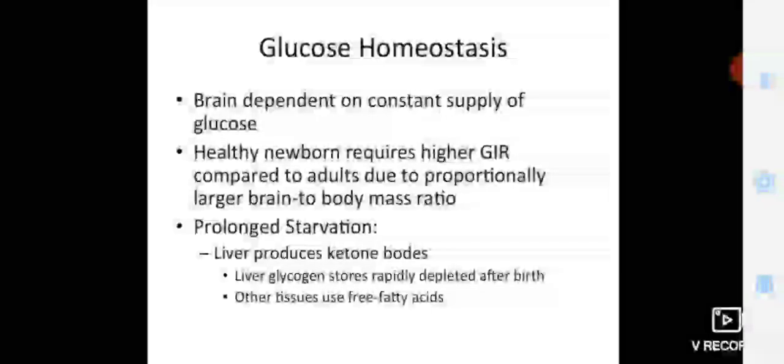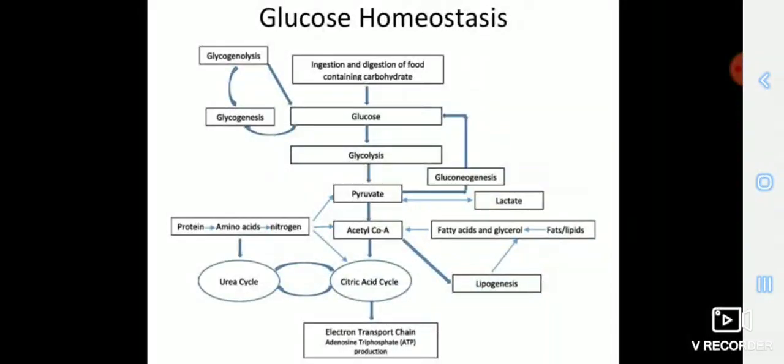However, liver glycogen stores are rapidly depleted after birth. This diagram illustrates the complex pathway that is involved in glucose homeostasis. ATP production is maintained by glycolysis, glycogenolysis, and amino acids.